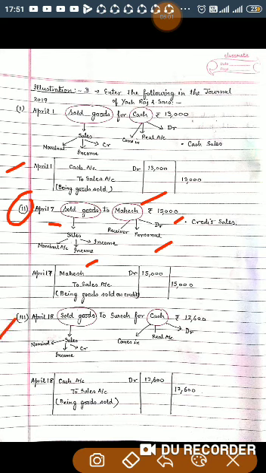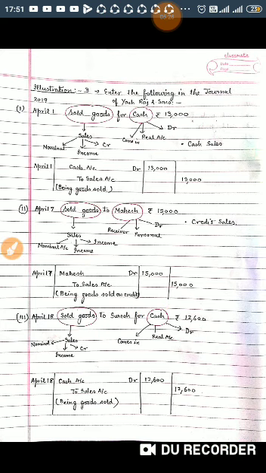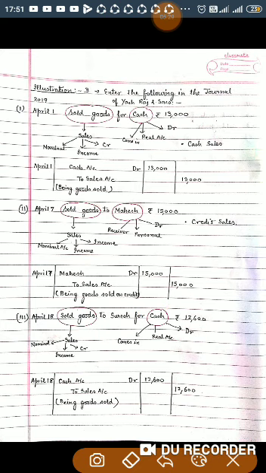Next transaction, April 18: sold goods to Suresh for cash rupees 12,600. In this transaction, the name of the customer, Suresh, as well as cash, both are mentioned. From the accounting point of view, Suresh is not relevant for us, because we have received payment from him.